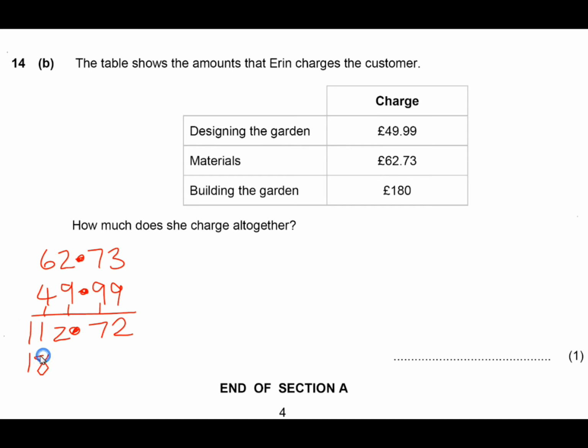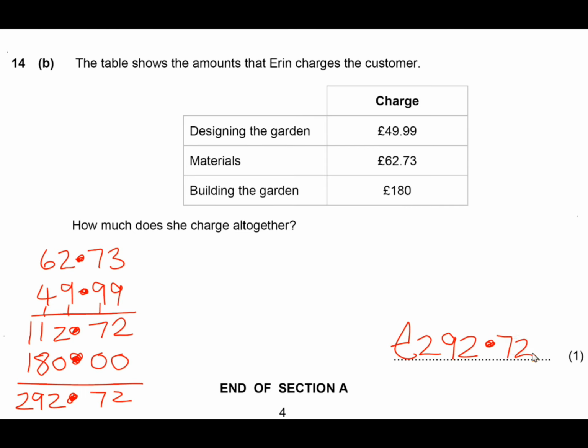And then we'll add the 180. And our final price for doing the garden is £292 and 72 pence.